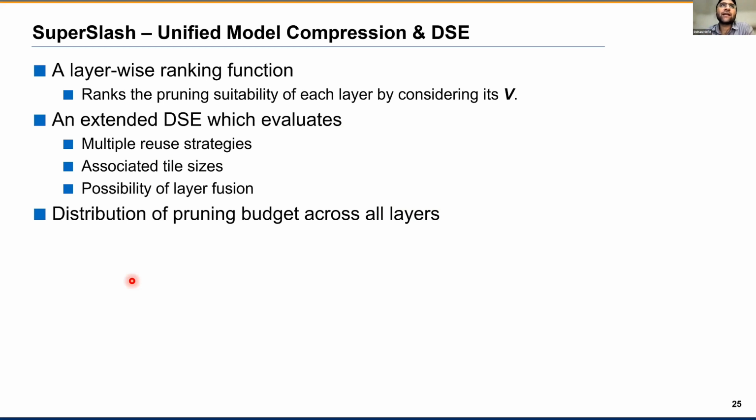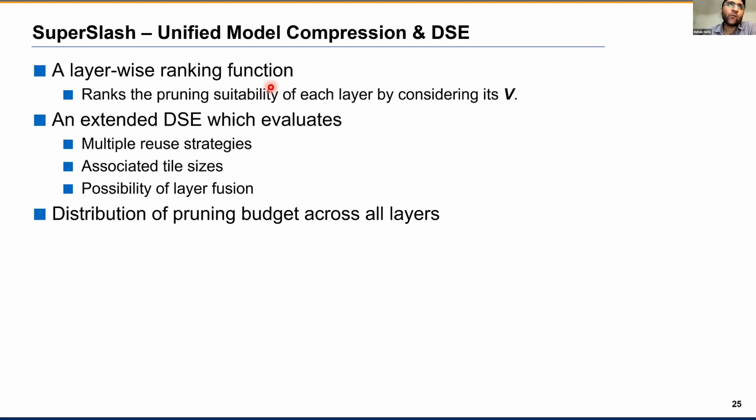What we do in that is, we have a layer-wise ranking function, which basically ranks the layers as defined by a suitability function, and the suitability function is guided by the off-chip volume access of each layer.